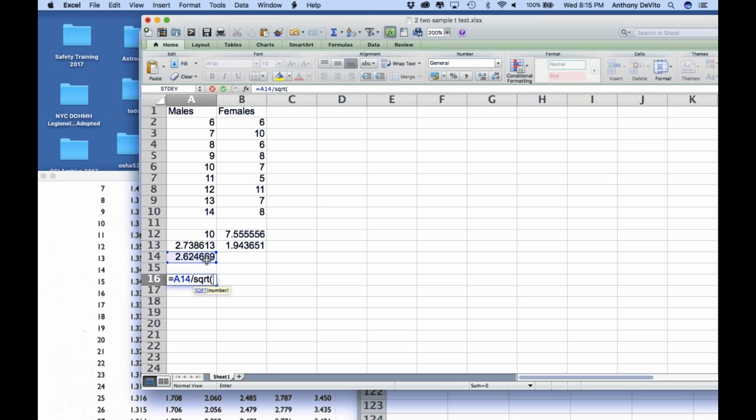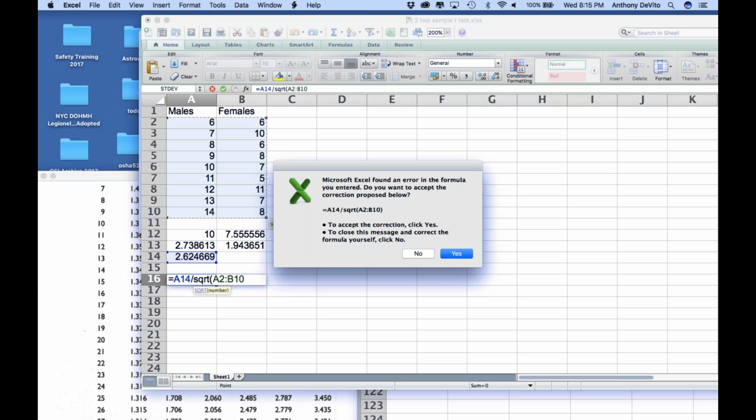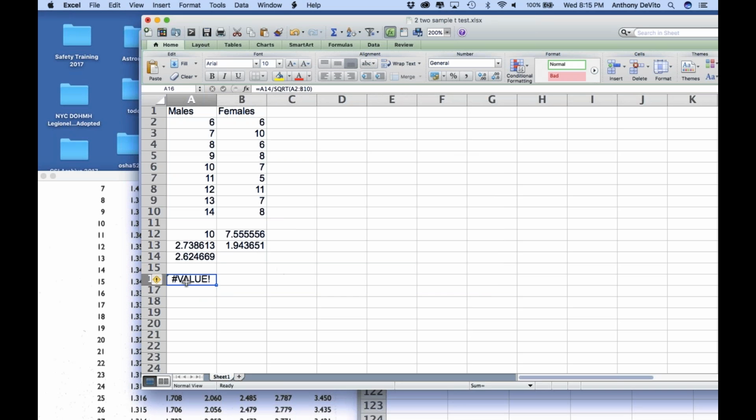What's the sample size? Well, it's 16. But when I work with degrees of freedom, I'm going to use that. I don't know why it gave me an error. Don't worry about the error. My standard error is going to be calculated based on the full sample size.